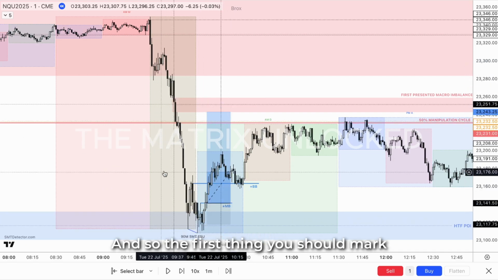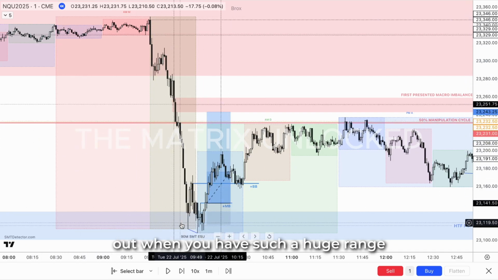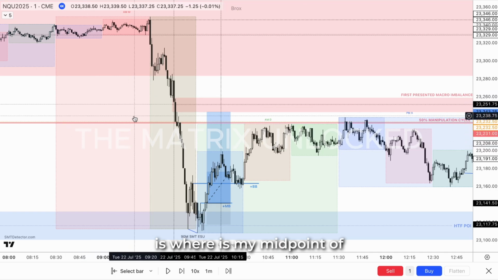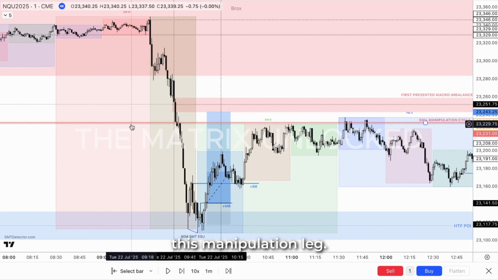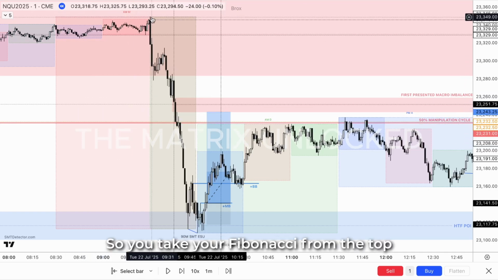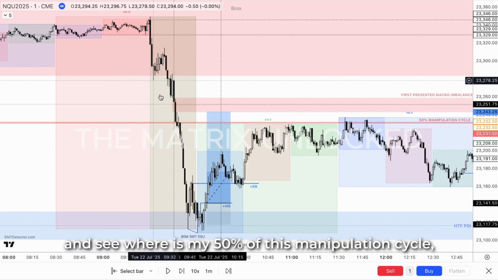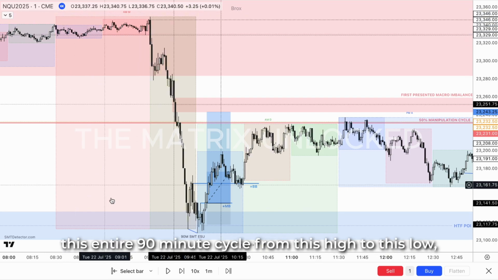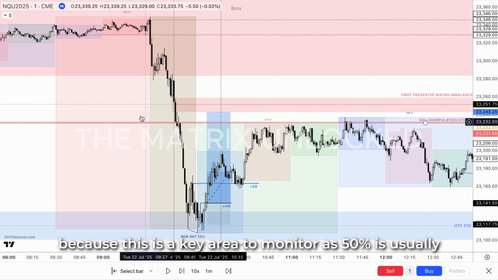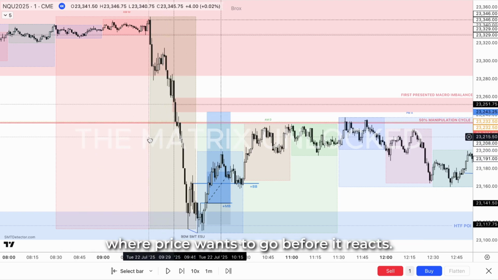And so the first thing you should mark out when you have such a huge range is, where is my midpoint of this manipulation leg? So you take your Fibonacci from the top to the bottom with a simple 50% and see, where is my 50% of this manipulation cycle, this entire 90-minute cycle from this high to this low, because this is a key area to monitor, as 50% is usually where price wants to go before it reacts.